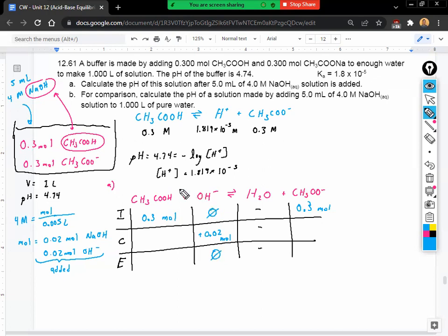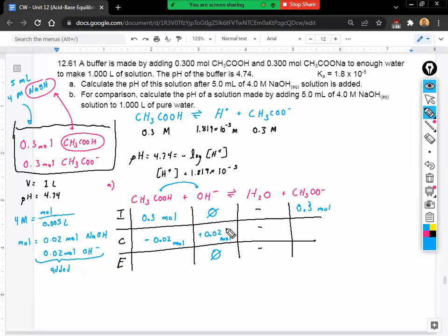Since it reacts completely with the acetic acid, we're going to lose all of the hydroxide that we added, which means here we're going to have a 0.02 mole change, but is this going to be positive or negative 0.02? Yeah, it's going to be negative, because these two guys right here are going to neutralize one another.